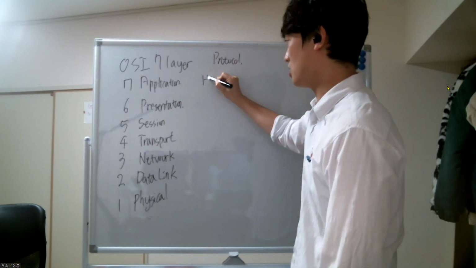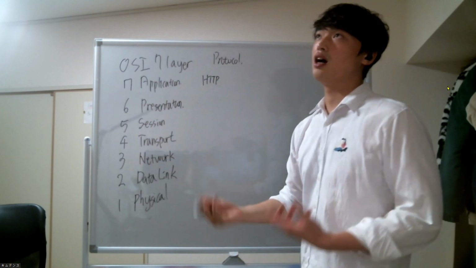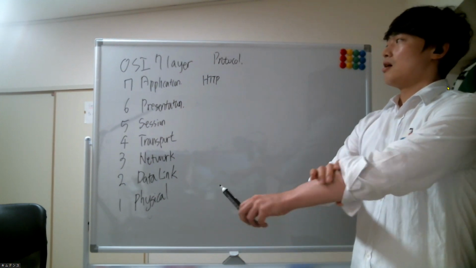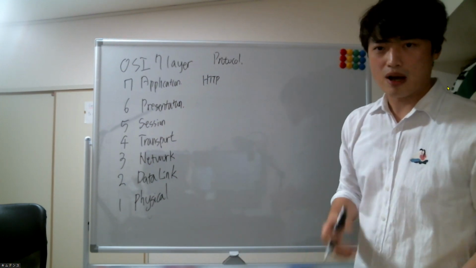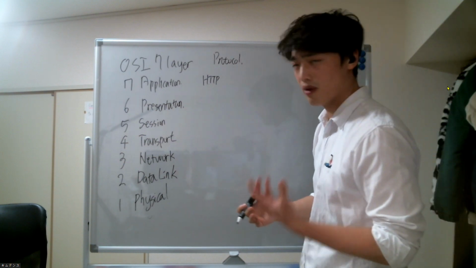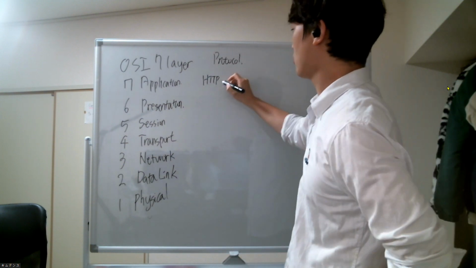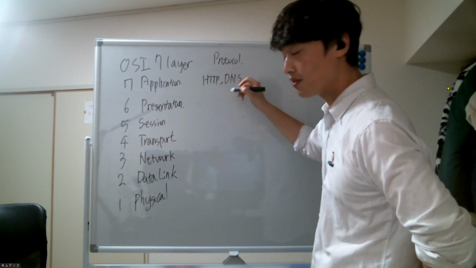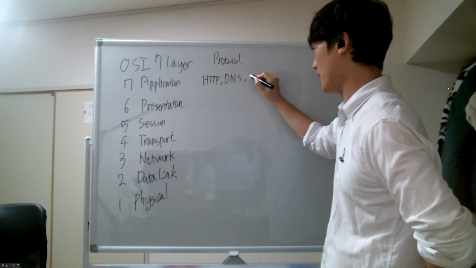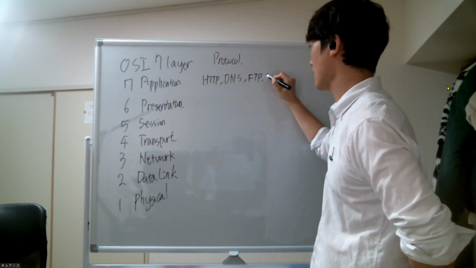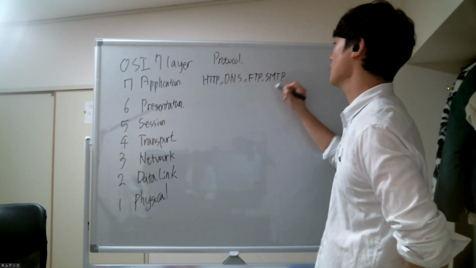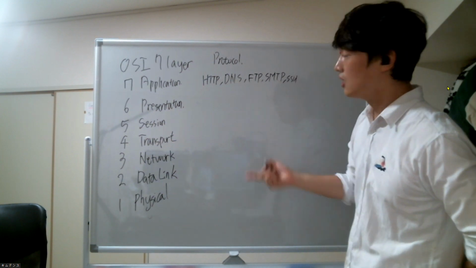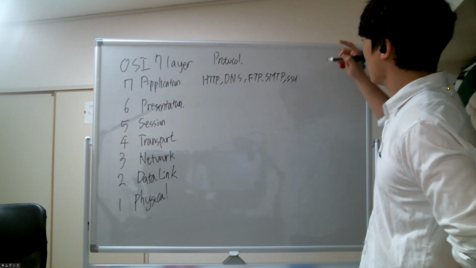For example, HTTP, which is the basic data transmitting protocol for web networking systems and web programs, and also DNS for domain name server, FTP for file transmitting, SMTP for mail transmitting, or SSH for security.